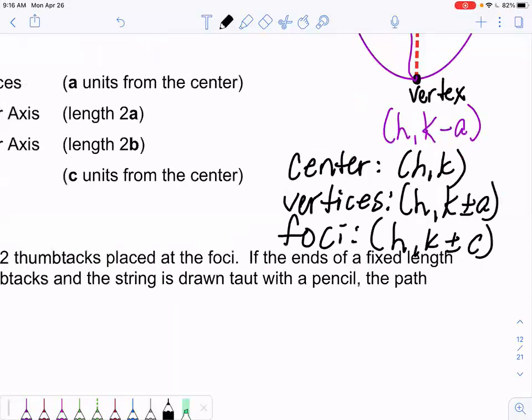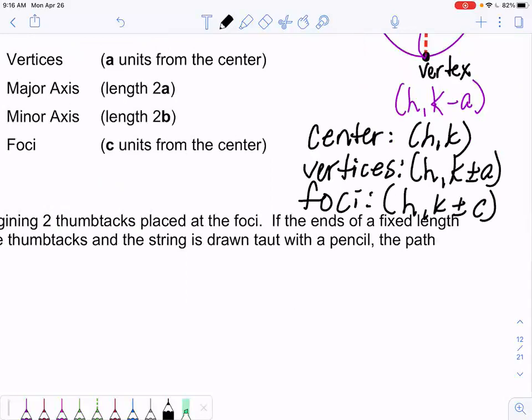The last thing that I want to place on here, underneath the foci, there is a little formula that goes along with determining the foci value. And that is A squared minus B squared. A, B, and C are used a lot in different geometrical formulas.